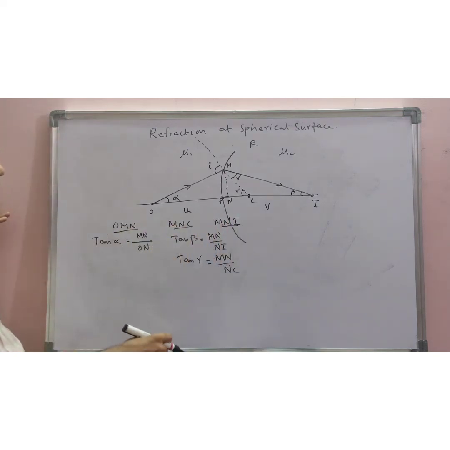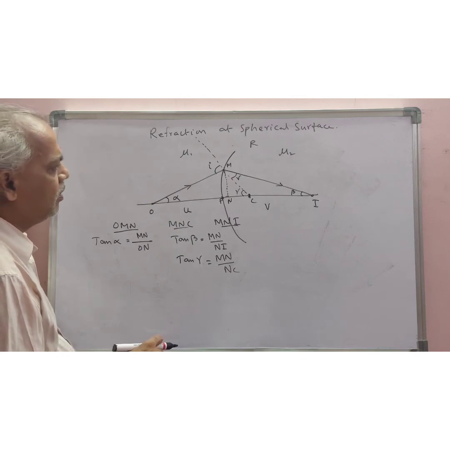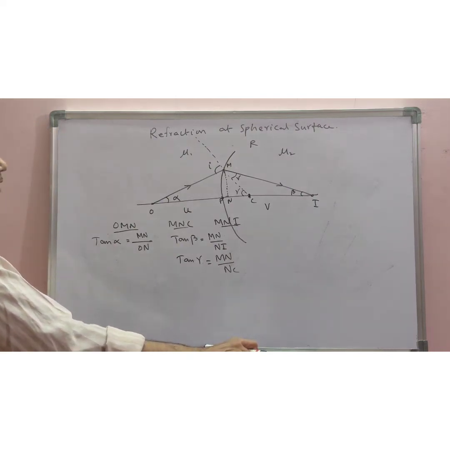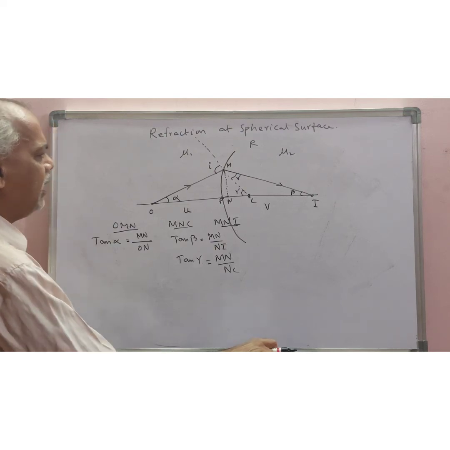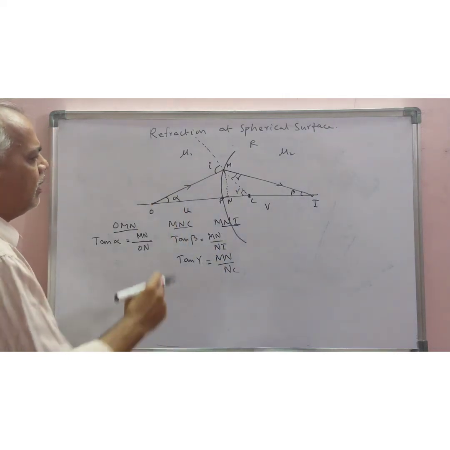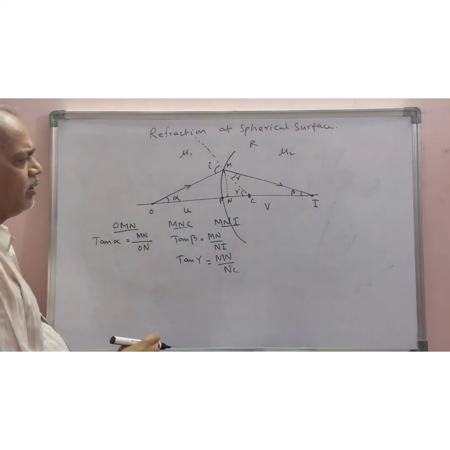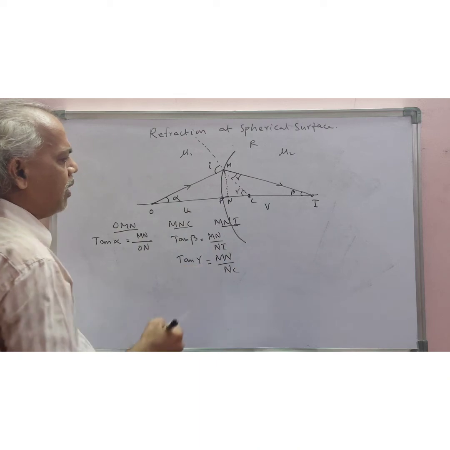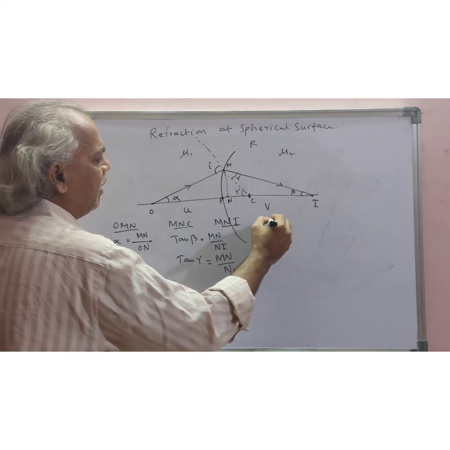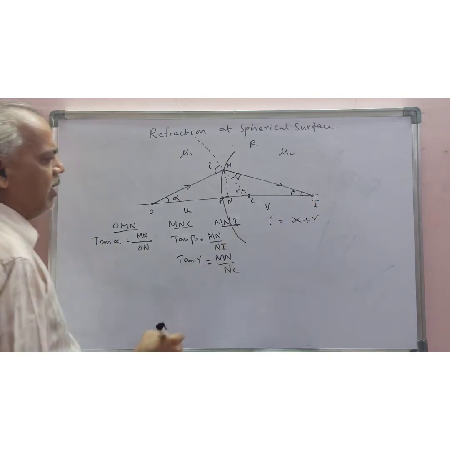These are the three values: tan alpha, tan beta, and tan gamma. We must also know the properties of a triangle. In triangle OMC, alpha and gamma are the interior angles, and the exterior angle is the angle of incidence. So according to the properties of a triangle, the exterior angle I is equal to alpha plus gamma.